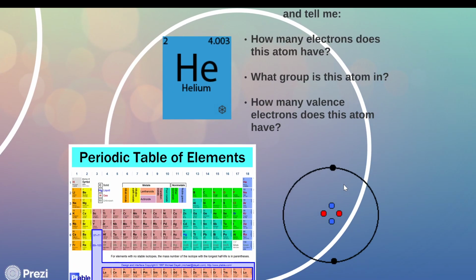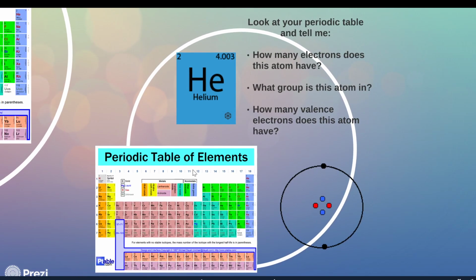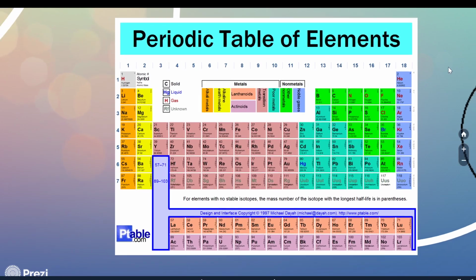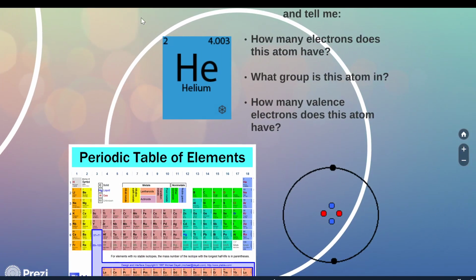This next atom is helium. Okay, helium, you can see on the periodic table, it's here. Okay, which means that it should have 8. However, when we take a look at helium, we notice that it only has 2 electrons.